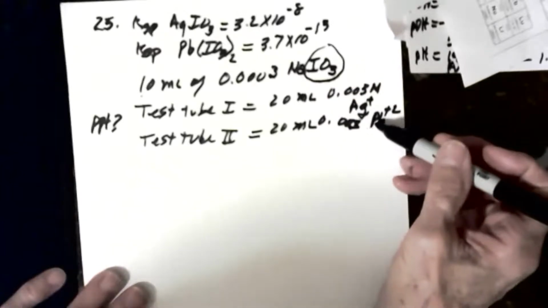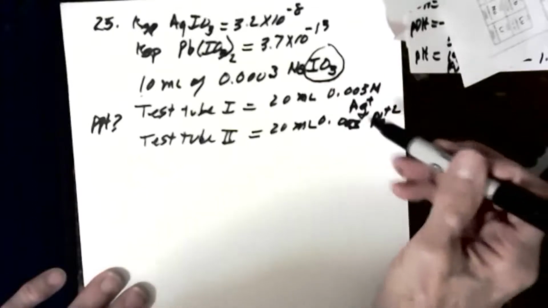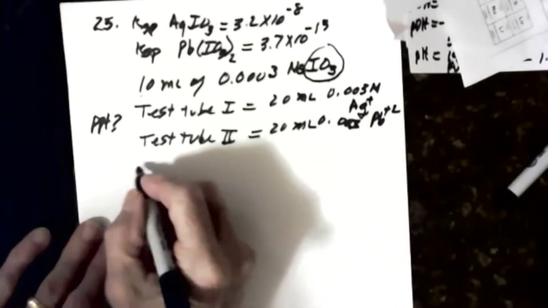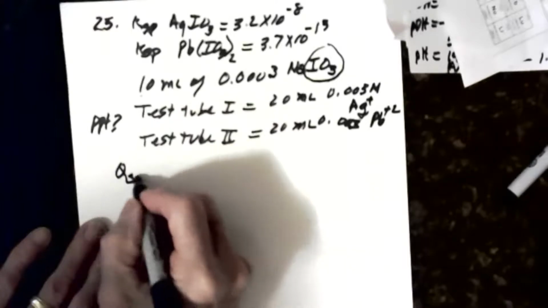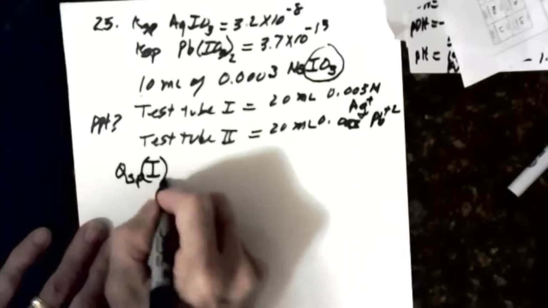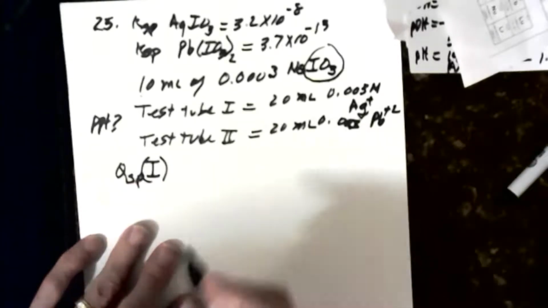This one's got lead in it, so am I going to precipitate lead iodate in this test tube or not? So what I have to do is calculate the QSP for test tube number 1, and I want to see whether that's going to exceed the solubility product.